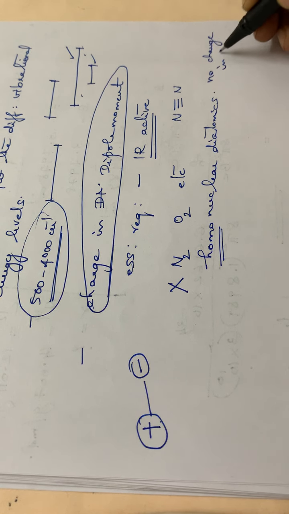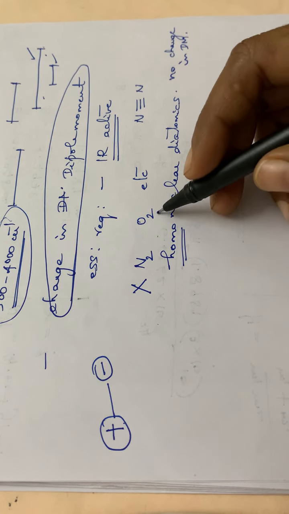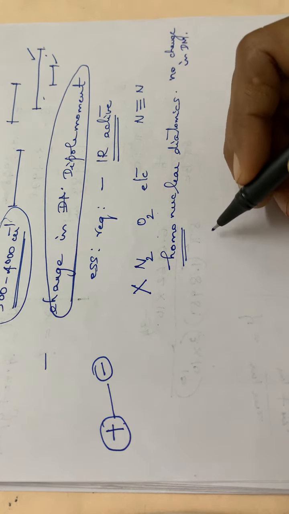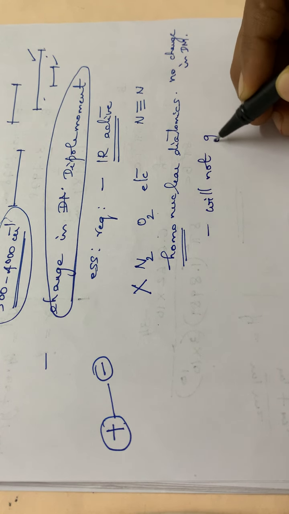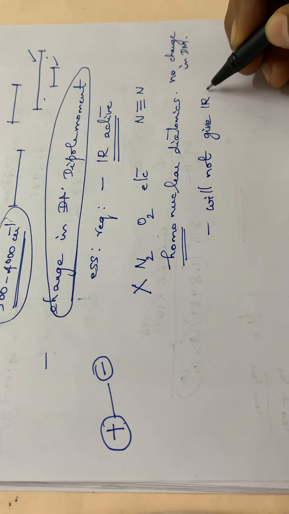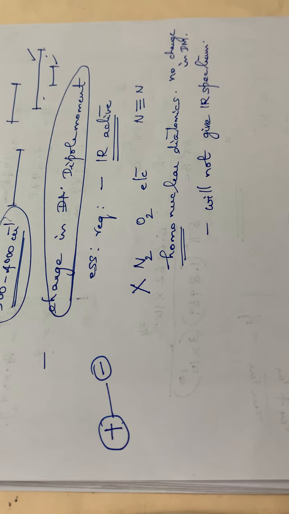Such molecules will not give IR spectra. Homonuclear diatomic molecules will not give an IR spectrum.